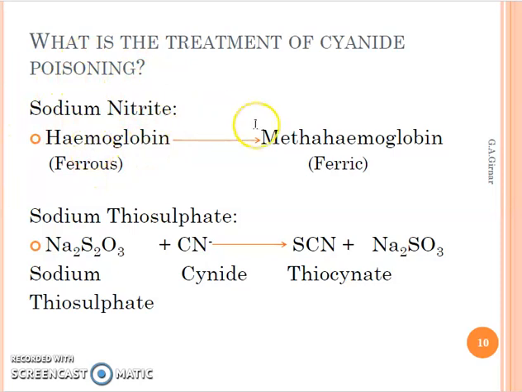The hemoglobin converts into methemoglobin, meaning ferrous ion is oxidized into ferric ion, and this methemoglobin forms cyanomethemoglobin and stops the cyanide poisoning.